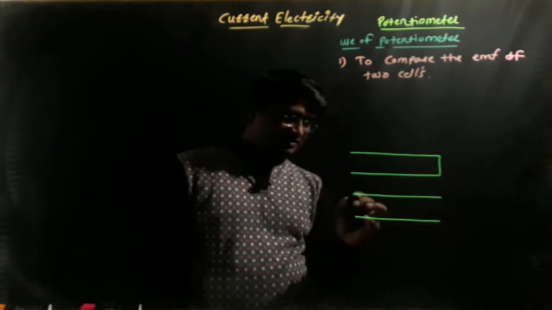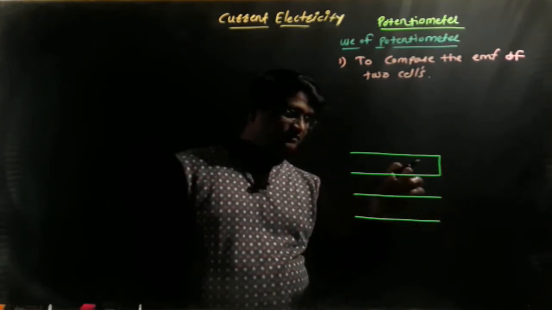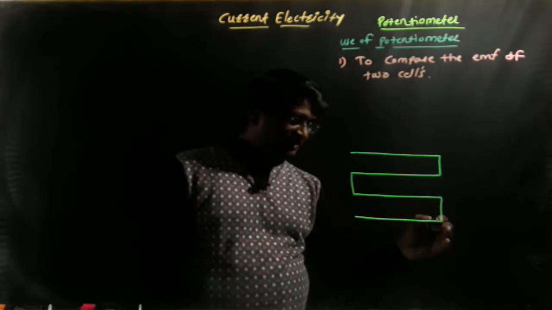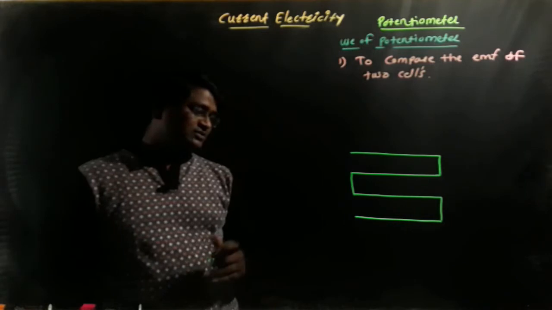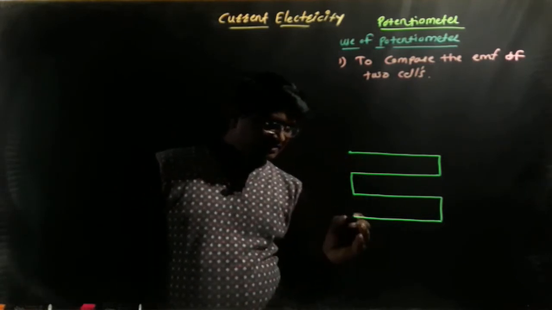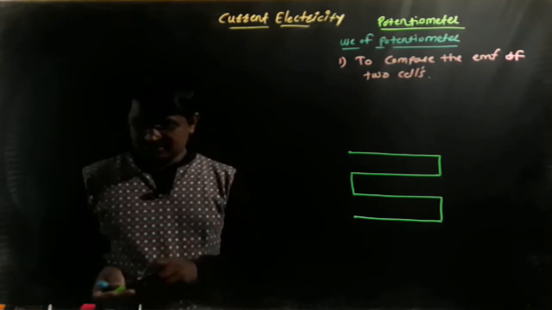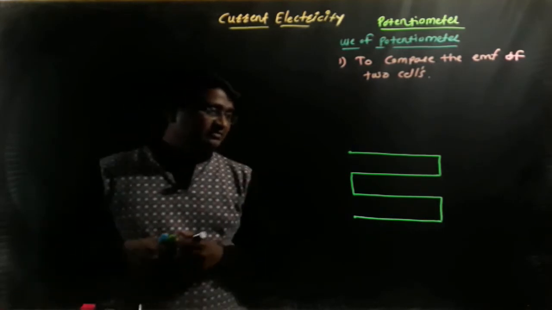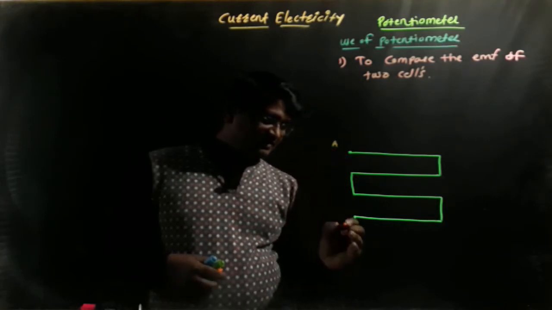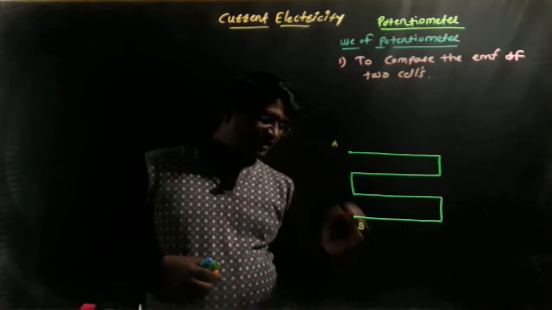This wire is divided into the number of segments. There are 4 segments, and we know that this is the first end and this is the second end of the wire. So the first end of the wire will be denoted by A, and the second will be denoted by B. So AB is the wire.